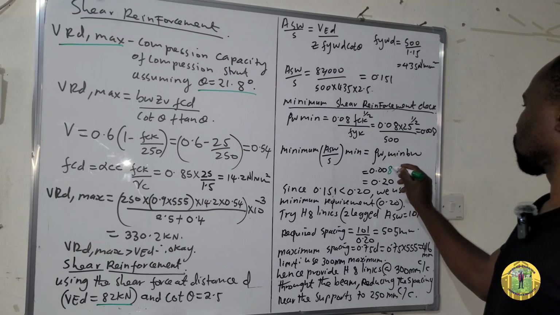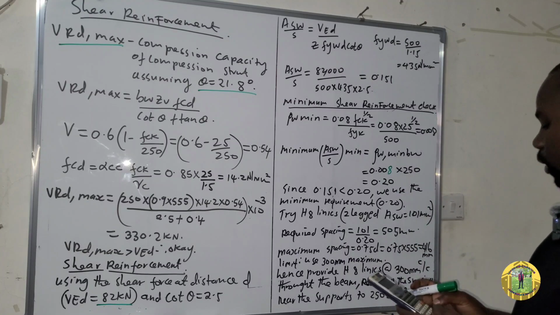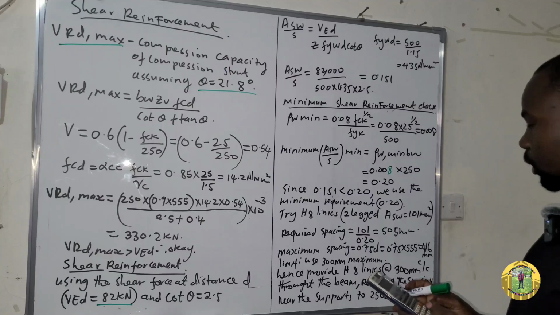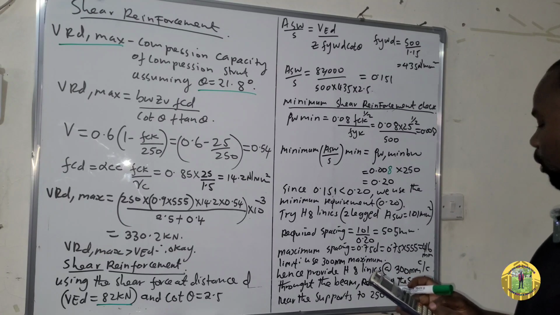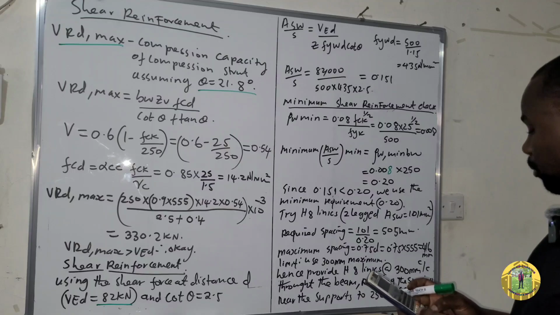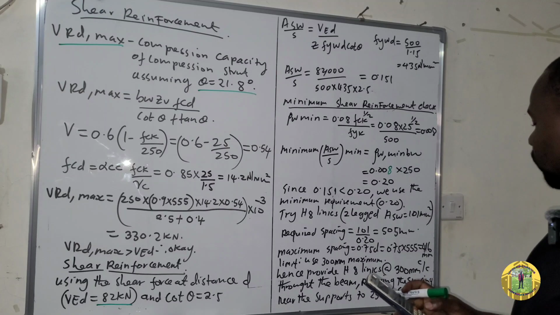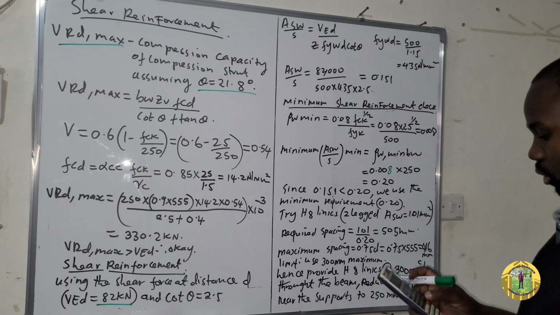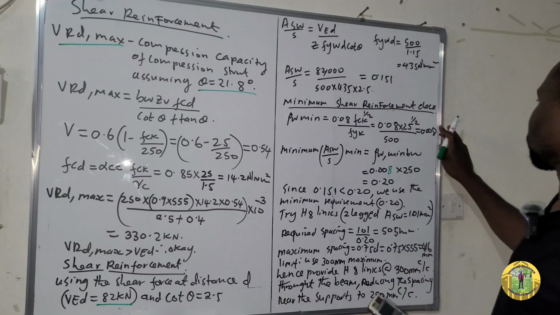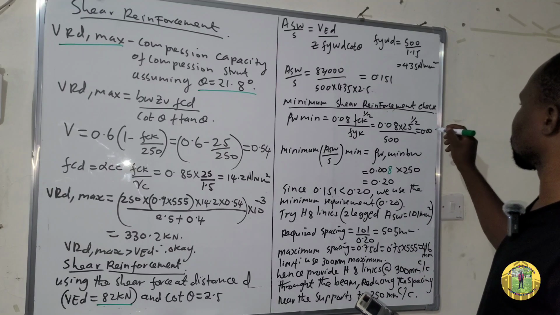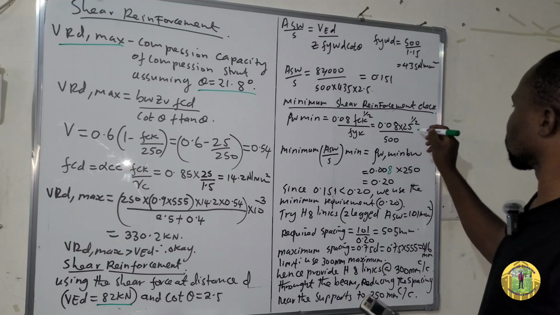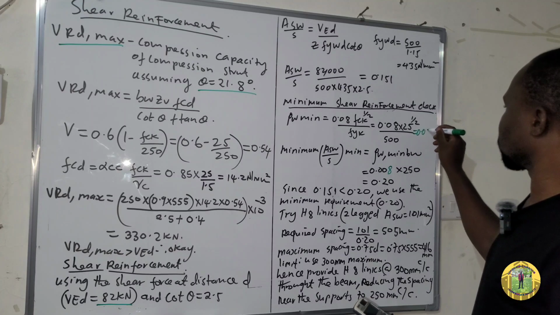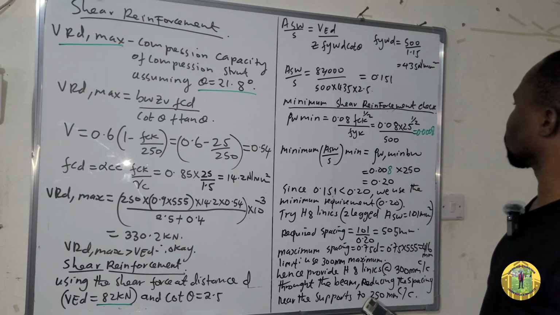Let me check. 0.08 times 25 raised to the power 0.5 divided by 500. So the answer is 0.0008.